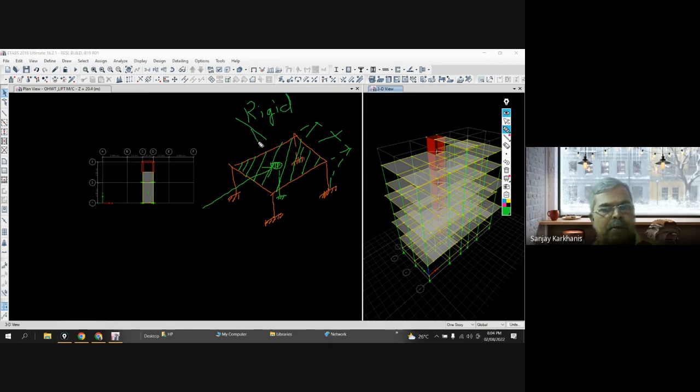Rigid body. Now, how will you assure that the entire floor is not getting bent like this? A floor will be straight like this. How will you assure that this will be the performance and not this?